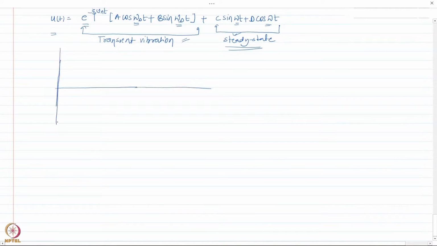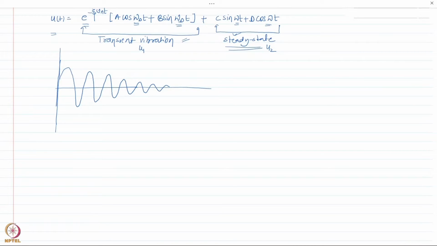Let us call the first part u1 and the second u2. If you try to draw u1, depending upon the initial condition, it would look like a damped free vibration. The amplitude will keep on decreasing, and after a sufficient amount of time it will go to 0. But then I have also the other part, the steady state, and I can see that it is not decreasing in amplitude.